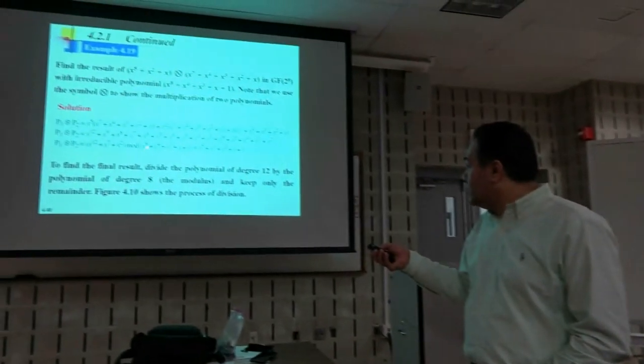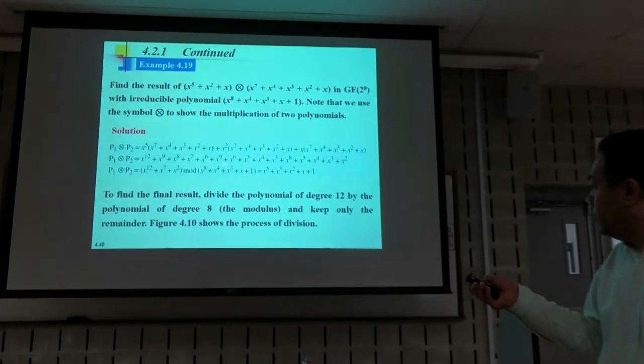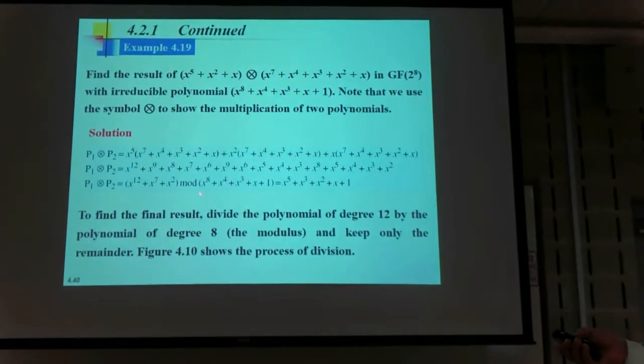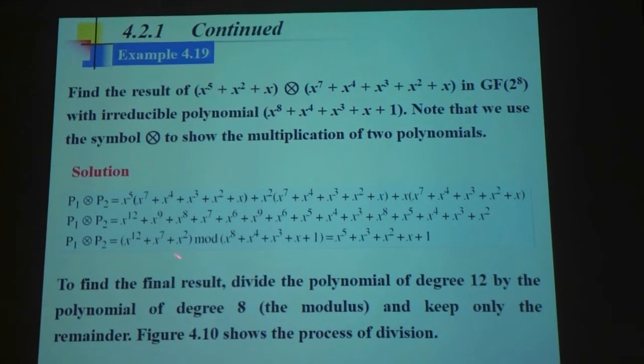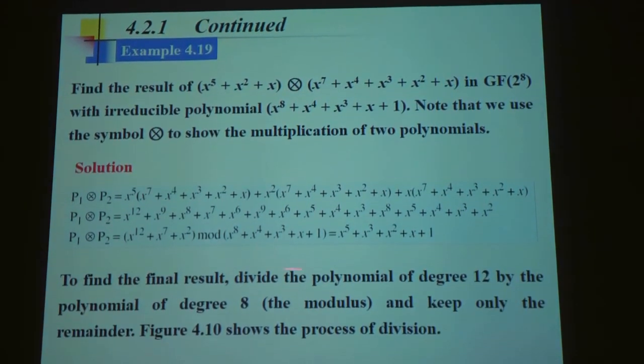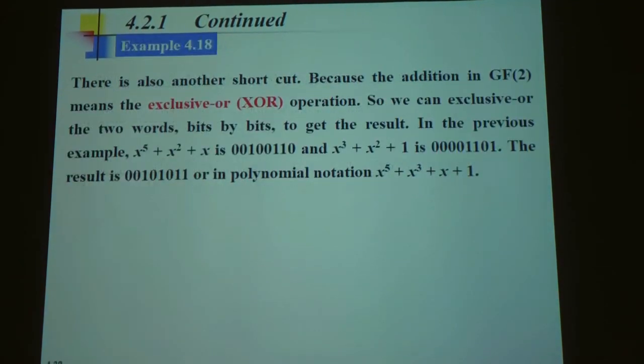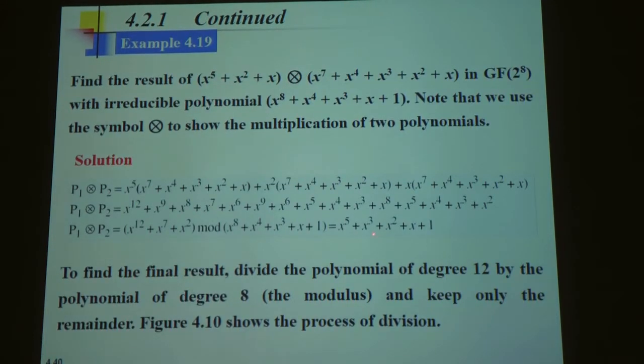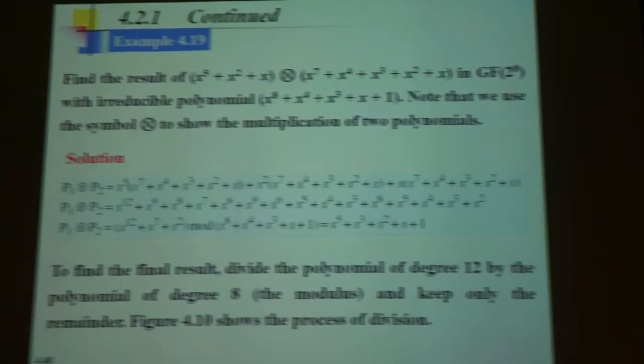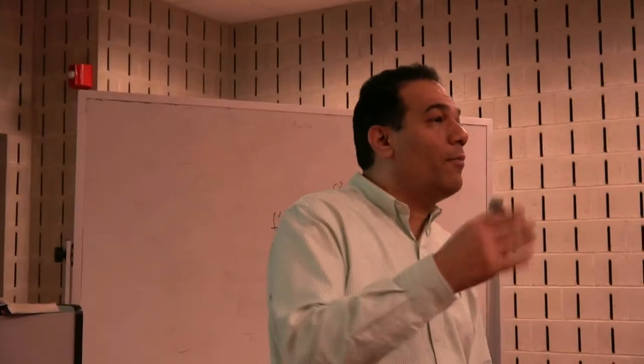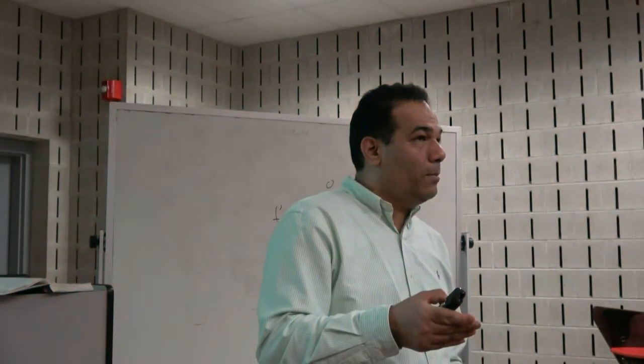It is 8. So you see, this is an irreducible polynomial. We took the modulus. The result with this irreducible gave you x to the power 5. So for addition, you don't have to reduce. For multiplication, you have to reduce if the power goes above what you need.